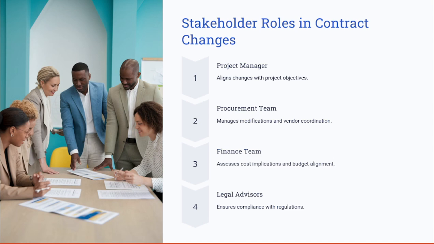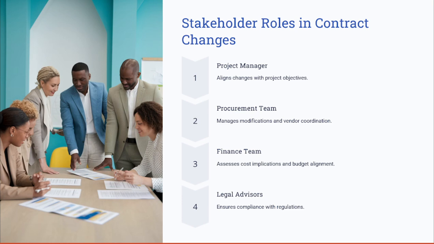The finance team needs to assess the cost implications and budget alignment. The legal advisors need to ensure the contract amendments comply with the rules and regulations of the organization and of the country, whether the company is international or not. So you need to comply with all of these by involving the legal advisors.